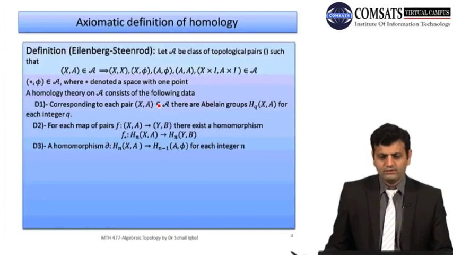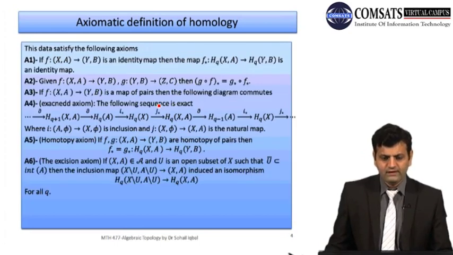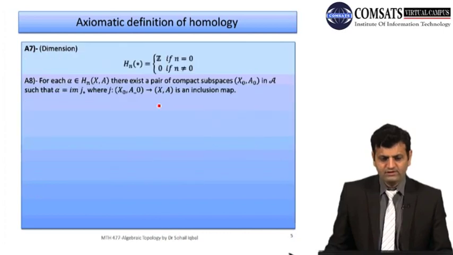So before going to the dimension axiom for singular homology, let's have a look at the axiomatic definition of homology. We reviewed these axioms in a lecture before. Now what are the axioms for homology? These are the Eilenberg-Steenrod axioms, and if you see them, we have the dimension axiom.